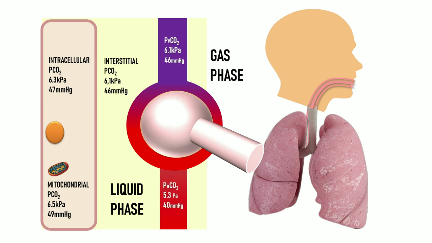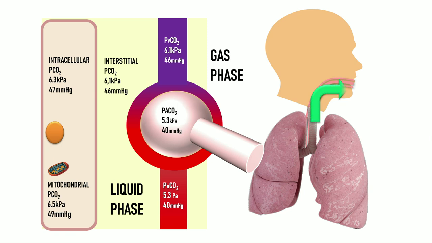The arterial CO2 is 5.3 kilopascals or 40 millimeters of mercury. The alveolar CO2 equalizes with the arterial CO2, so the partial pressure in alveoli is 5.3 kilopascals or 40 millimeters of mercury.